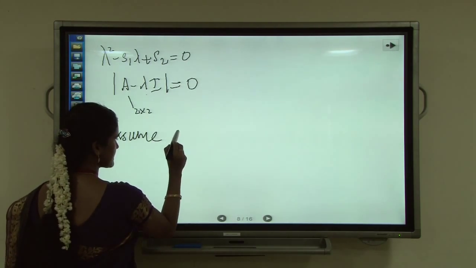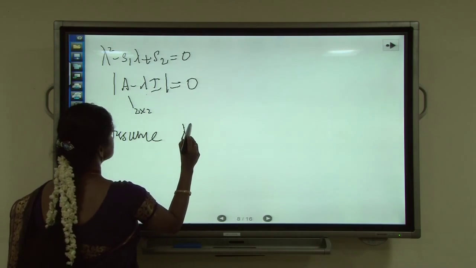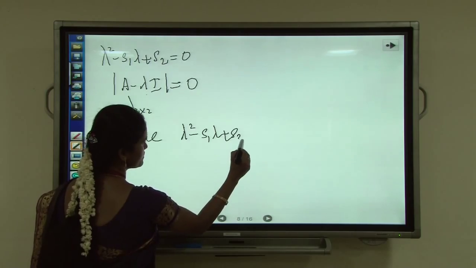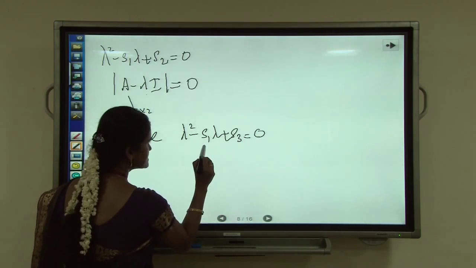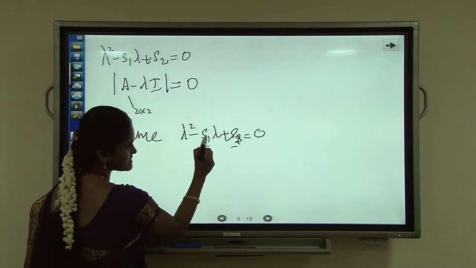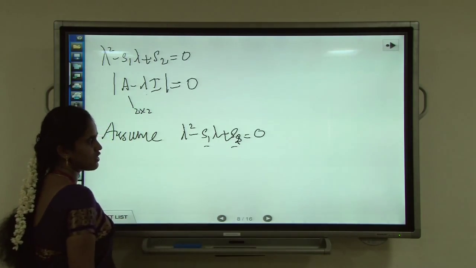We can assume the characteristic equation as lambda square minus S1 lambda plus S2 is equal to 0. Now S1 and S2 are nothing but the coefficients: S1 is the coefficient of lambda and S2 is a constant.